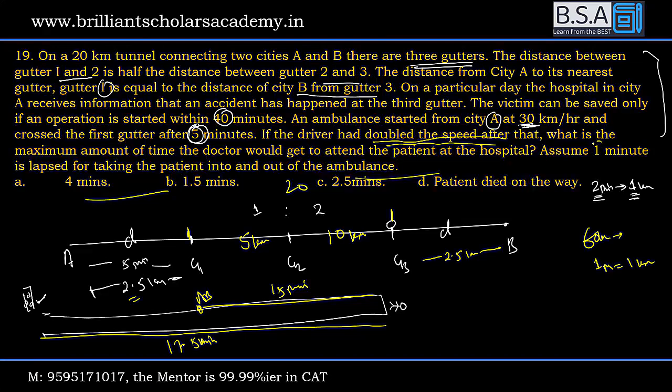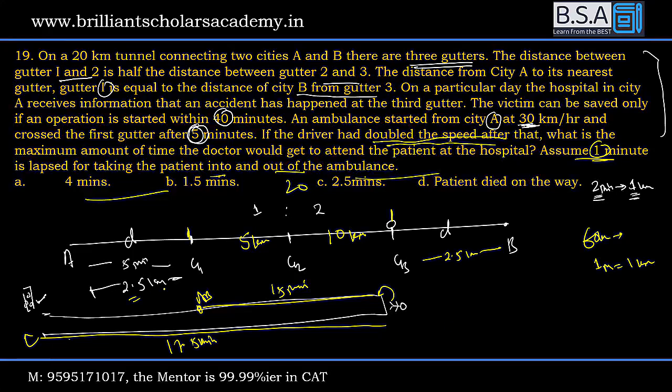And it takes 1 minute of getting the patient into the ambulance and getting out. Assume 1 minute is lapsed from taking the patient into and out of the ambulance. So 1 minute total.